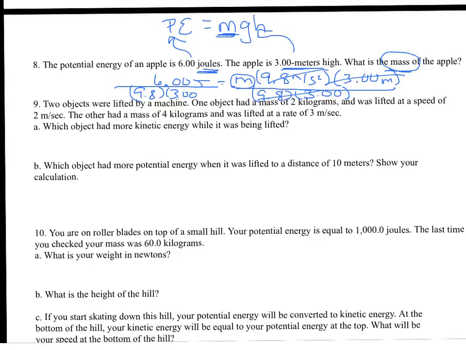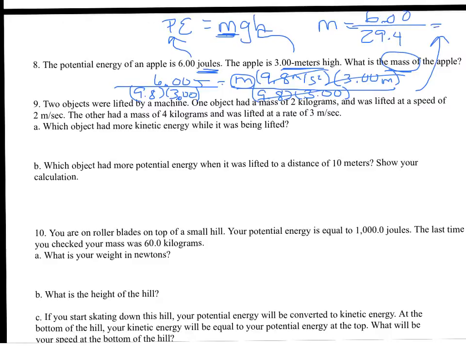And I'm going to have to continue up here. So my mass will equal 6 divided by 9.8 times 3. They didn't leave me a whole lot of room to do this in, but 6 divided by 9.8 times 3. And you want to do the 9.8 times 3 first, which is 29.4.